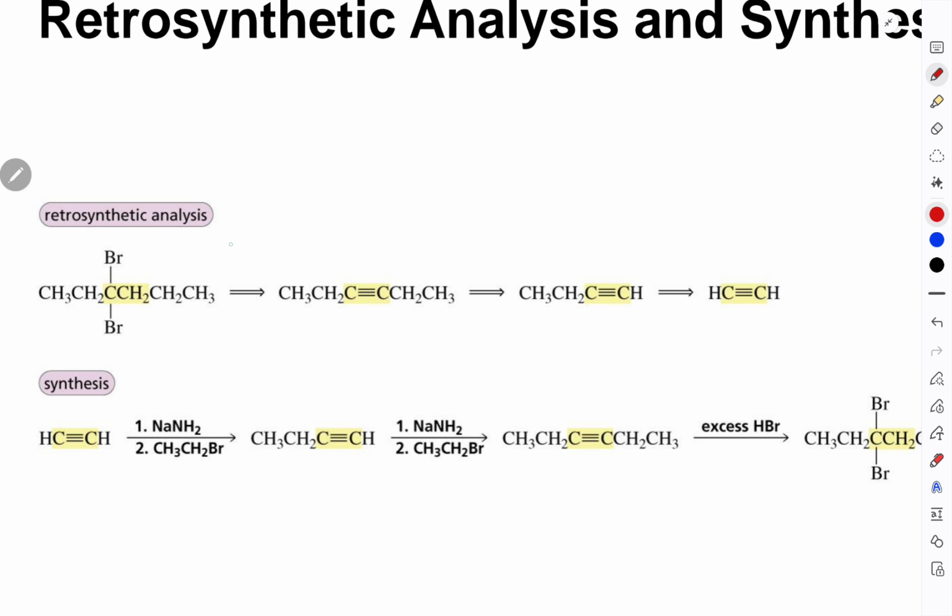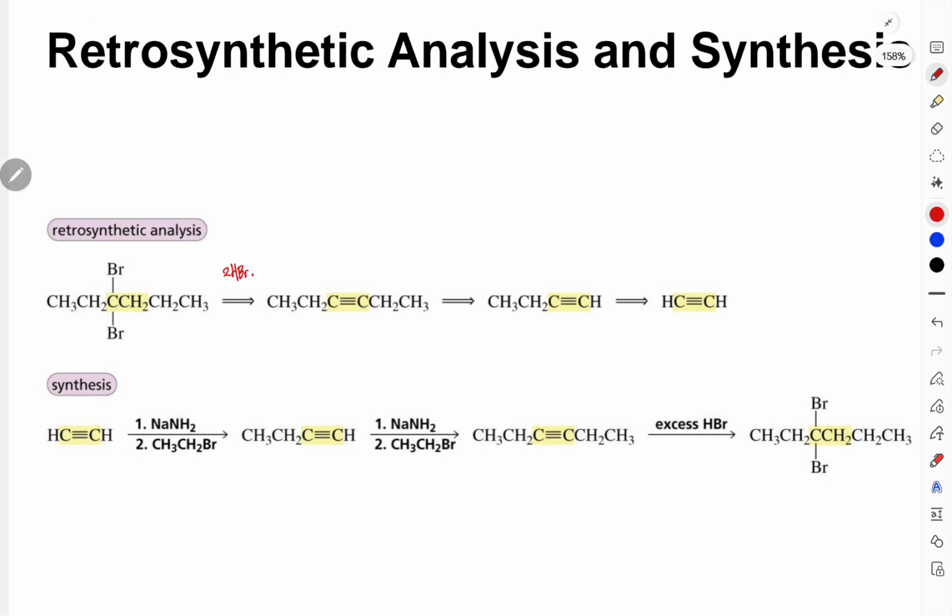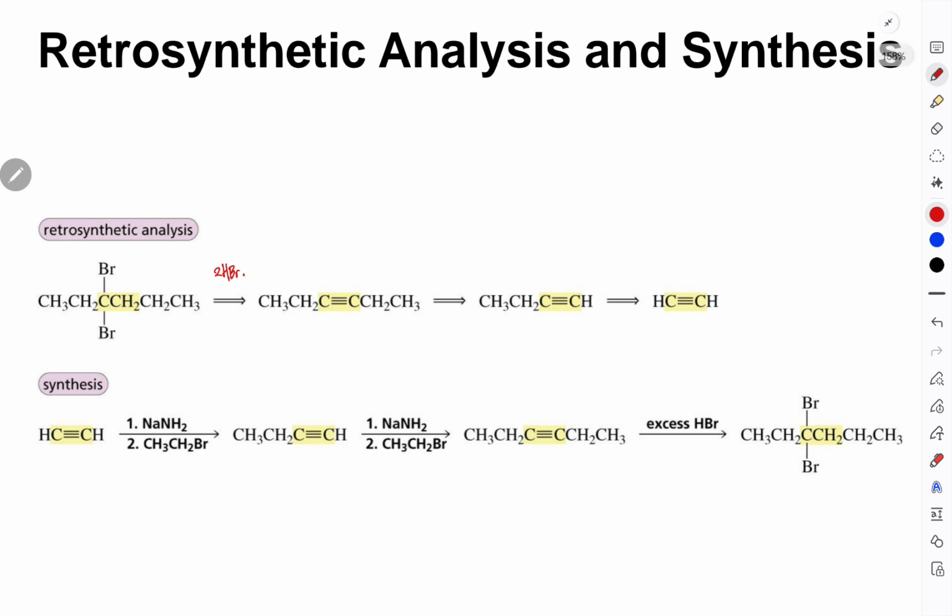Then applying base and alkylation conditions twice can give you this internal alkyne, the same pathway we discussed in the previous slide. Right? And after making this internal alkyne, you can add HBr twice, and this will give you selectively the geminal dihalide. We discussed why the geminal dihalide is formed with high selectivity in this case.